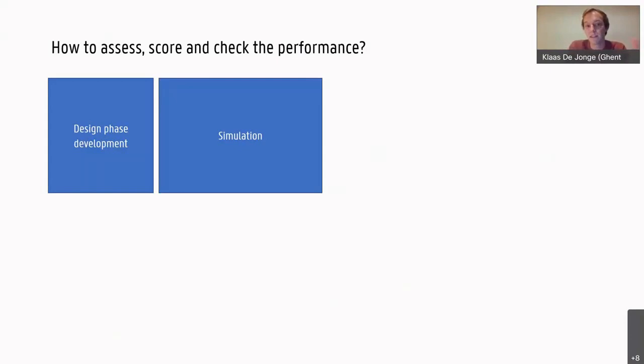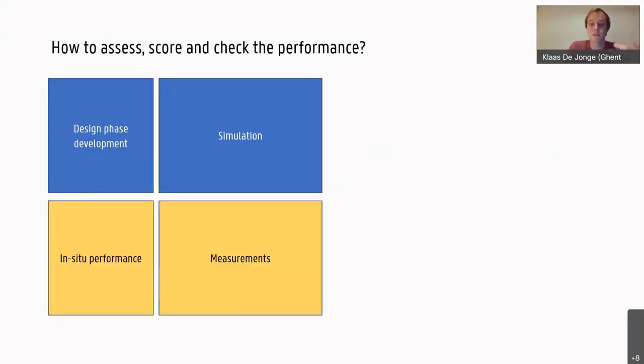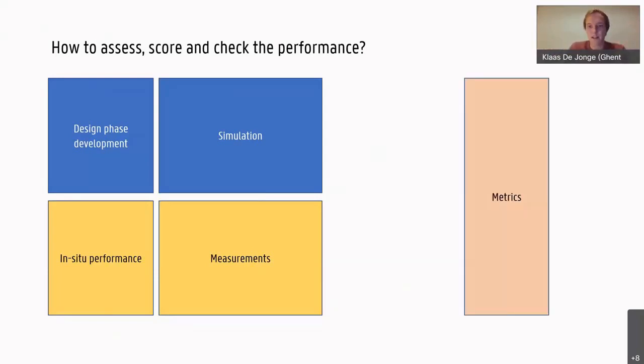So that's typically done in simulations, but on the other hand, you also need a tool to go into a building, measure, and see what the performance is. So this framework should be able to cover both. You want a metric that can be used for both measurement campaigns, but also for simulations.